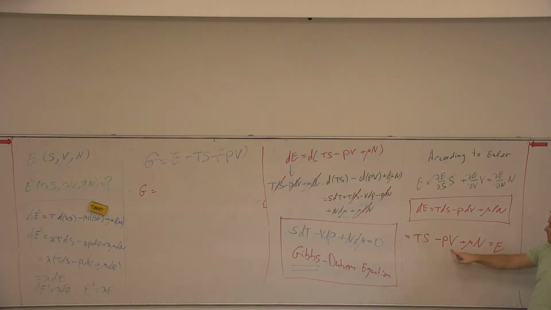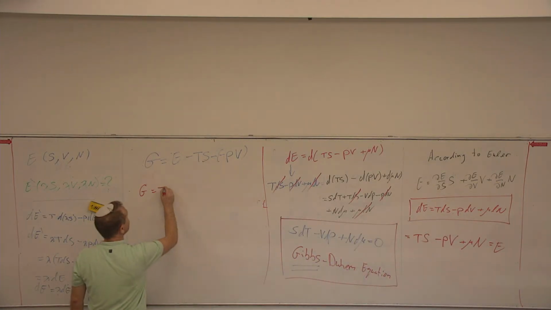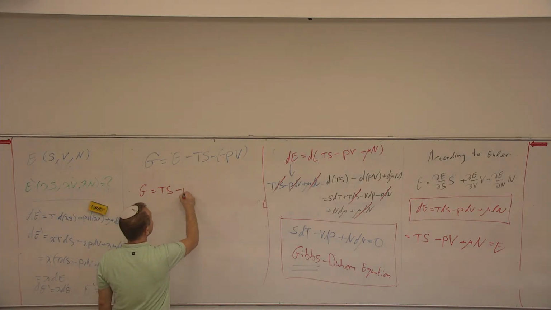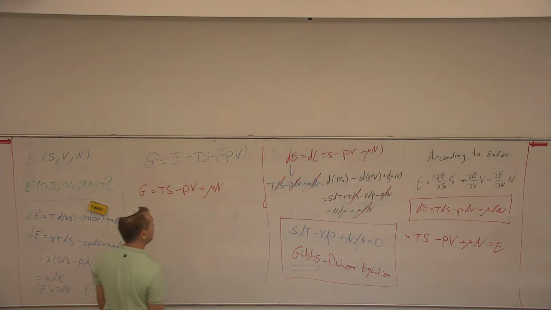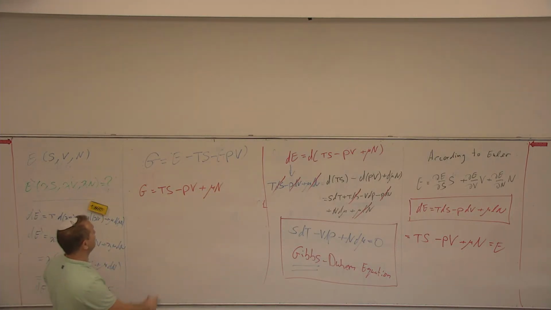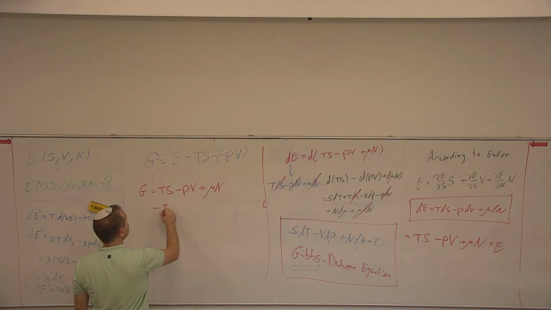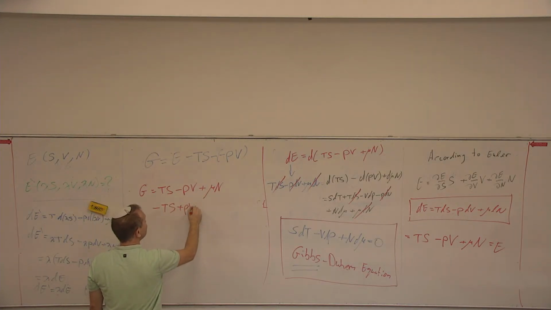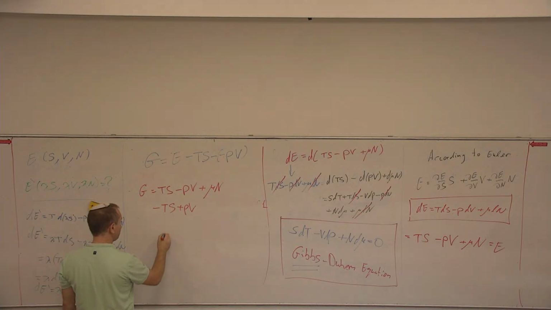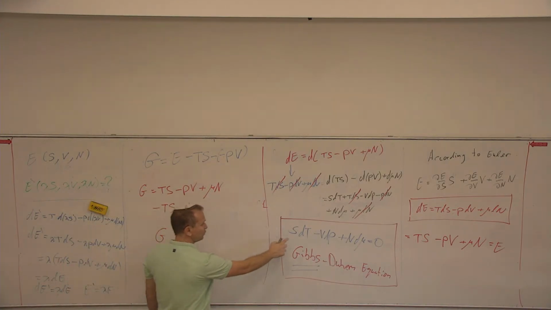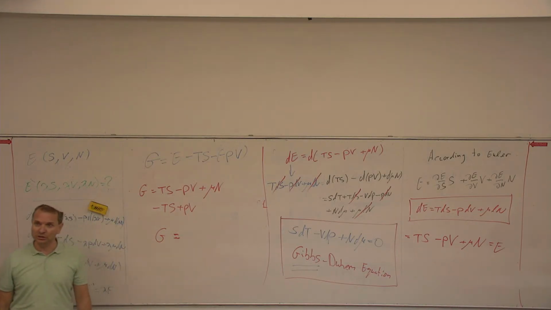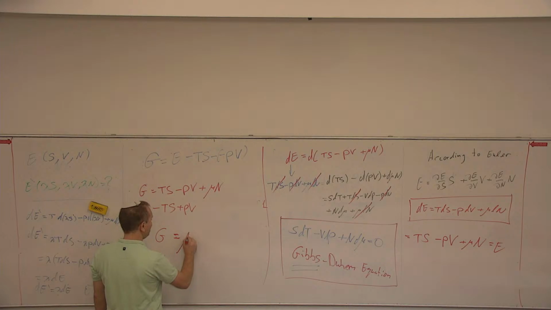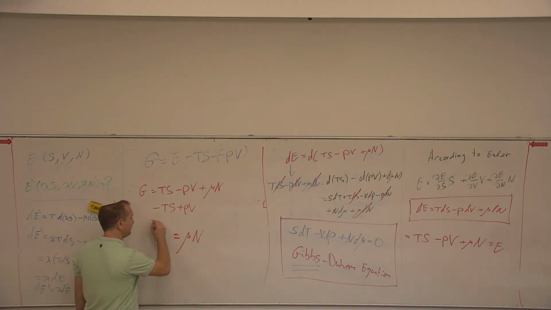It is TS minus PV plus mu N. That's substituted inside. So we have TS minus PV plus mu N, and here we have minus TS plus PV, and that's it. So what we obtain for Gibbs, and that's related to this equation over here, is that this thermodynamical potential G is simply mu multiplied by N.